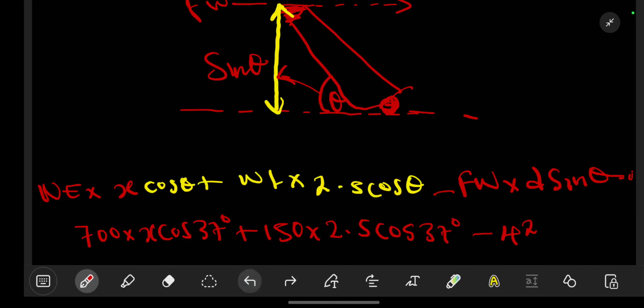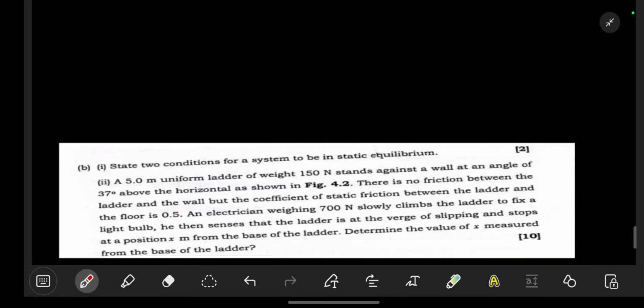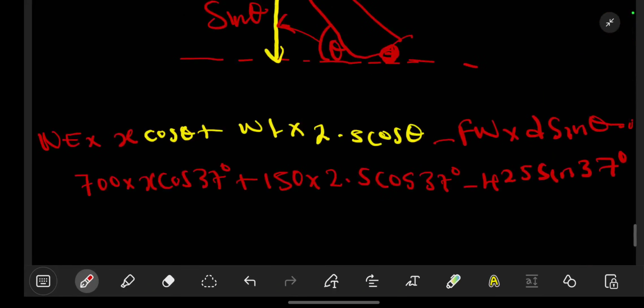So it should be equal to 0. What we are going to get is 700 cos of 37. Just cos 37 times 700, you are going to have 559.044857.